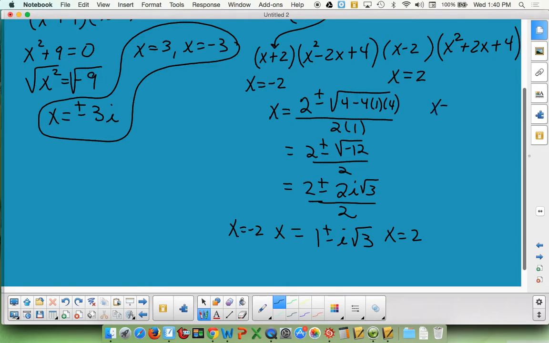And of course, you're going to realize that this is going to be nearly the exact same thing that I just got, except I have a negative 2 in front. So this is actually going to simplify down to be just the exact same thing as the answer I got on the other one, except I'm going to have negative 1 plus or minus i square root of 3.